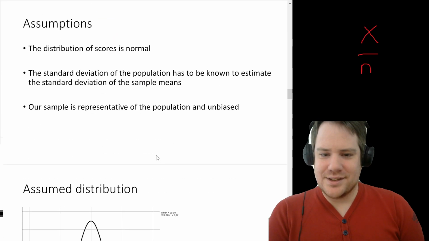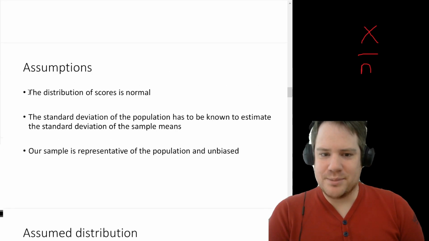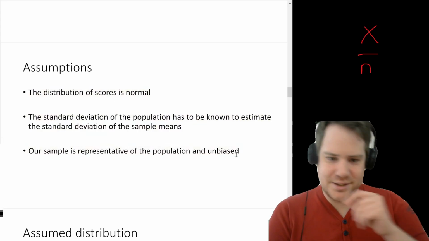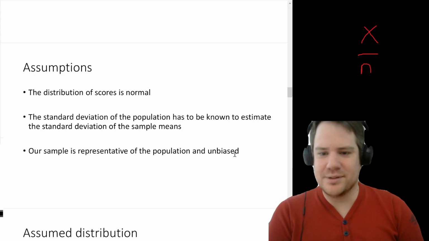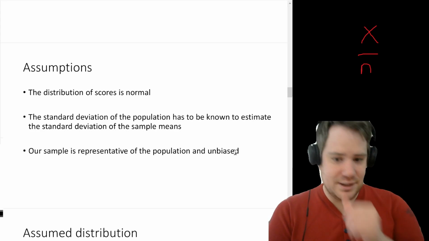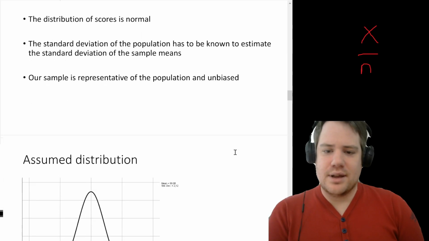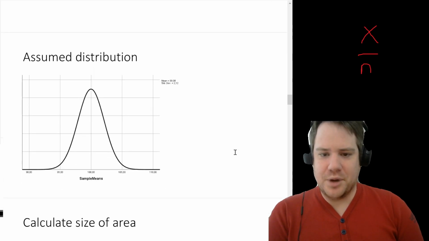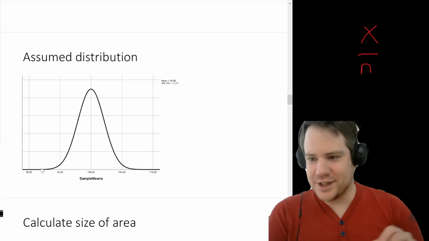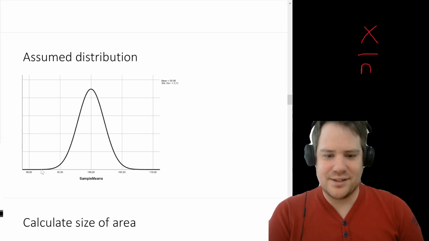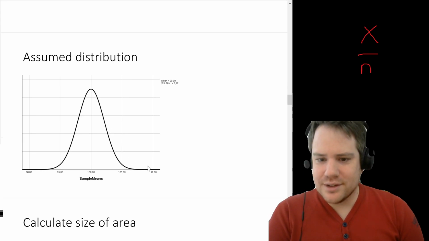But now, because of these assumptions that we've made, for our convenience, we're going to assume it's a mean of 100. We do know our standard deviation. And we're going to assume unbiased samples from it. Okay, perfect. And the sample size also is 80. Then it should look like this.